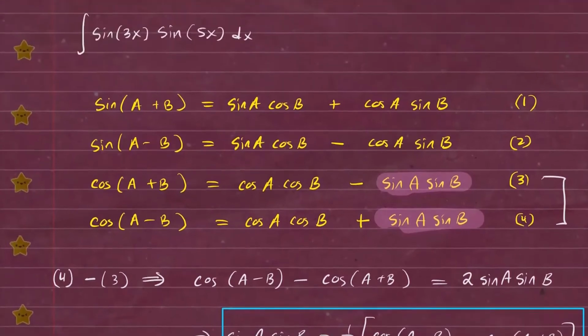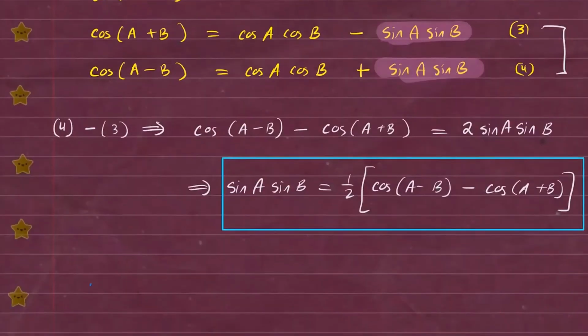So let's take a look at our integral. So we're integrating sine 3x times sine 5x. So using this formula, we're going to rewrite this.